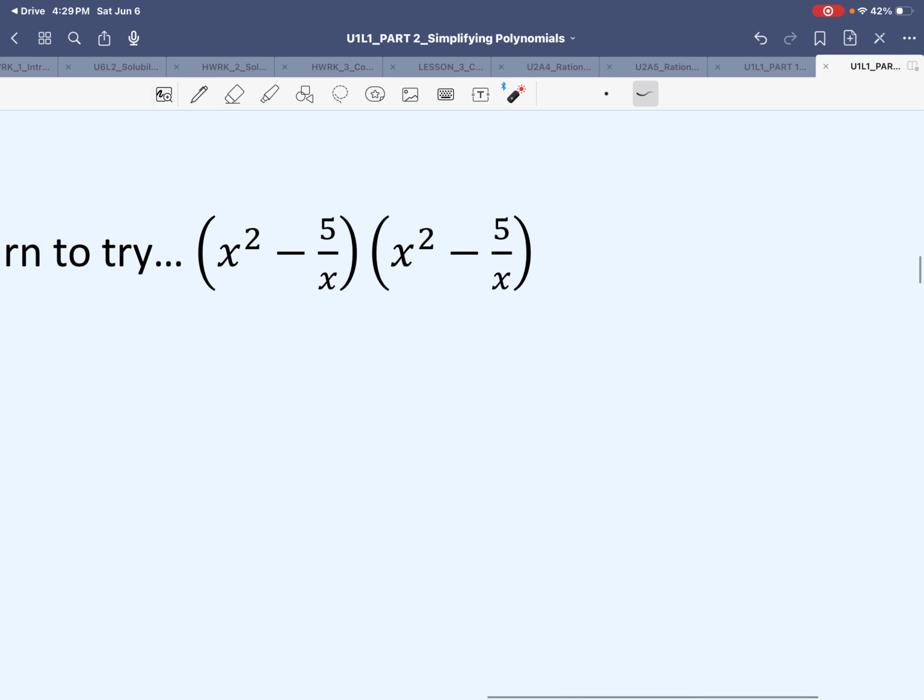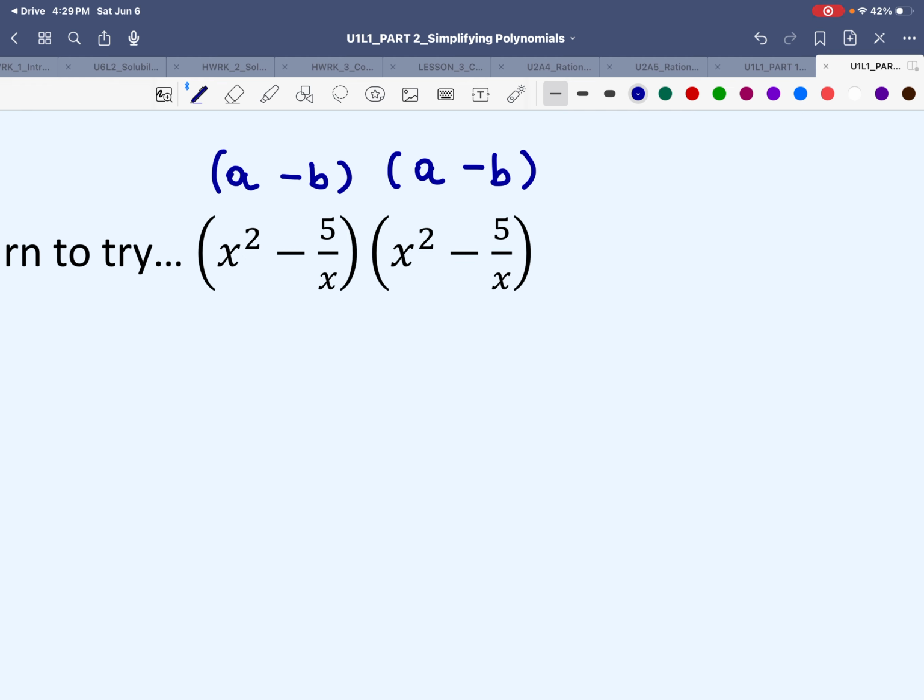So in the next example, you have something similar, not exactly the same, but again, you can probably recognize the product a minus b, a minus b. So this is a perfect square trinomial. So this is the same as a minus b brought to the power of 2 gives a squared minus 2ab plus b squared.